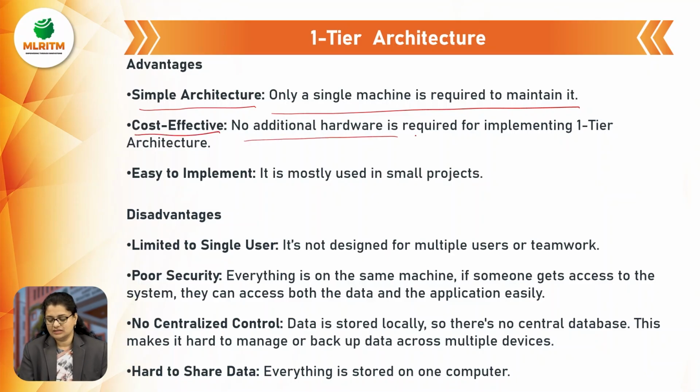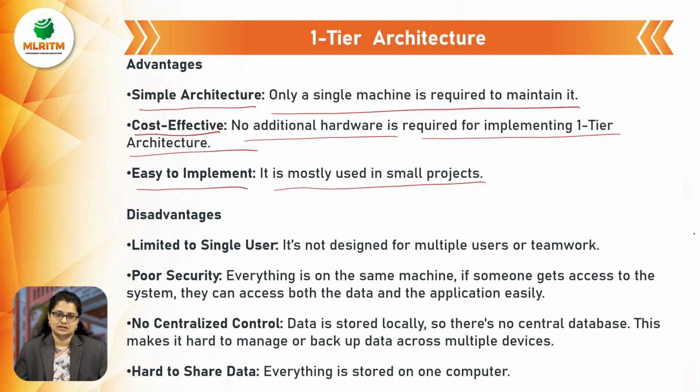No additional hardware is required for implementing the Tier 1 architecture. Whichever system you have is enough for this architecture, so no need to add any extra hardware. And next, easy to implement. It is most easily used in small projects. So we are implementing it easily, and this is useful for small projects.